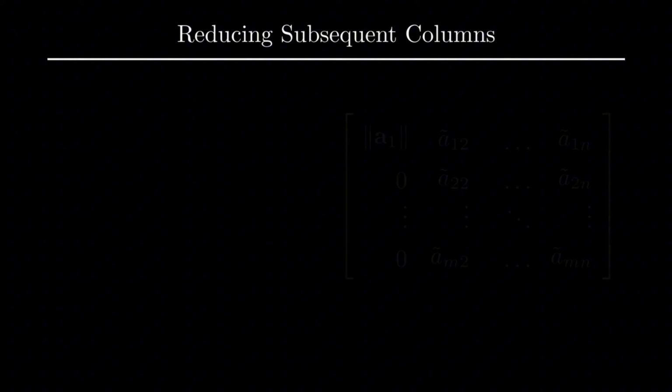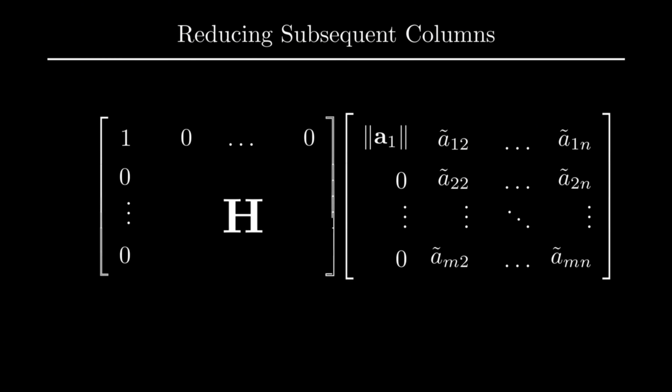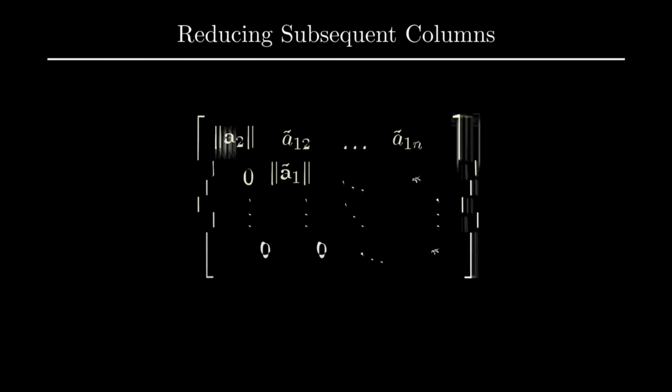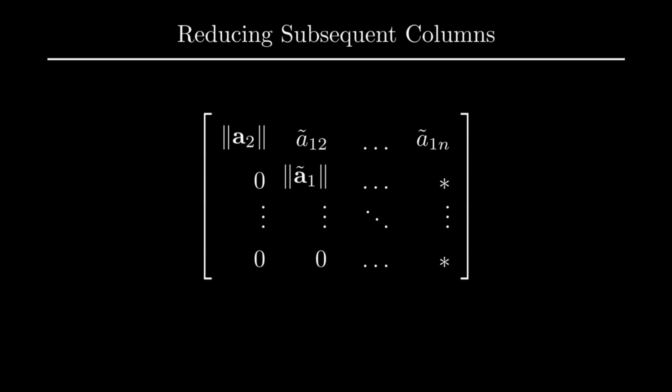To put this into perspective of the bigger matrix, what we're actually doing is multiplying our original matrix by the Householder matrix we found for our smaller matrix, and then we have these extra rows and columns that simply ensure that the other entries in our matrix that are already reduced don't get changed. We can simply carry out this process for the rest of the matrix to get our QR factorization.